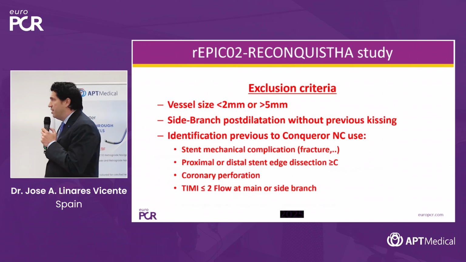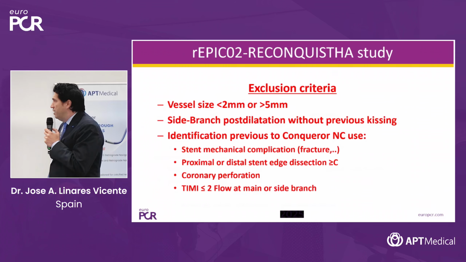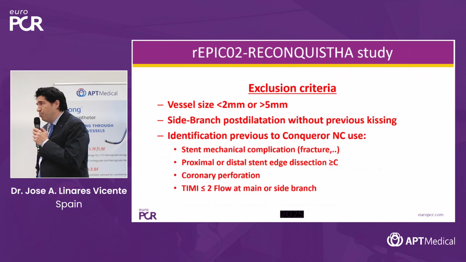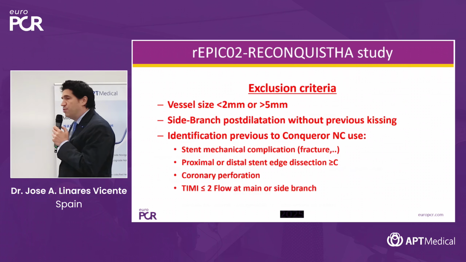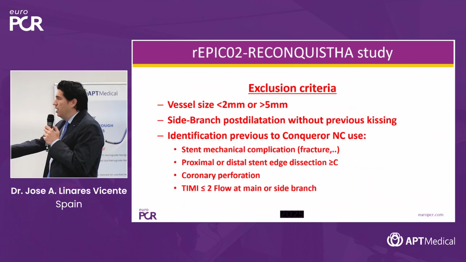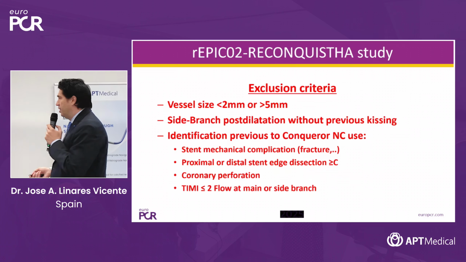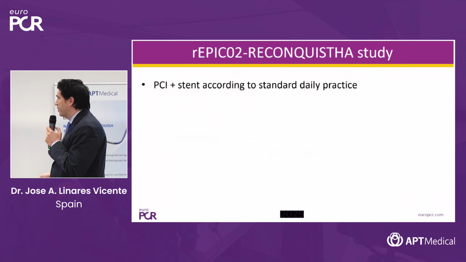The exclusion criteria were vessel size too small or too big, side branch post-dilatation without previous kissing, or identification previous to the use of the CONQUEROR NC balloon of stent mechanical complications, large dissection, coronary perforations, or abnormal blood flow.